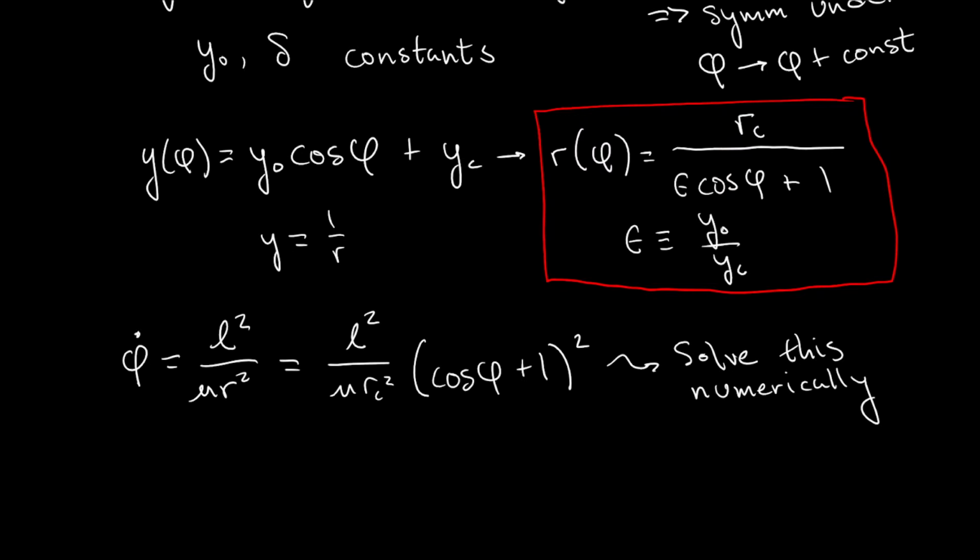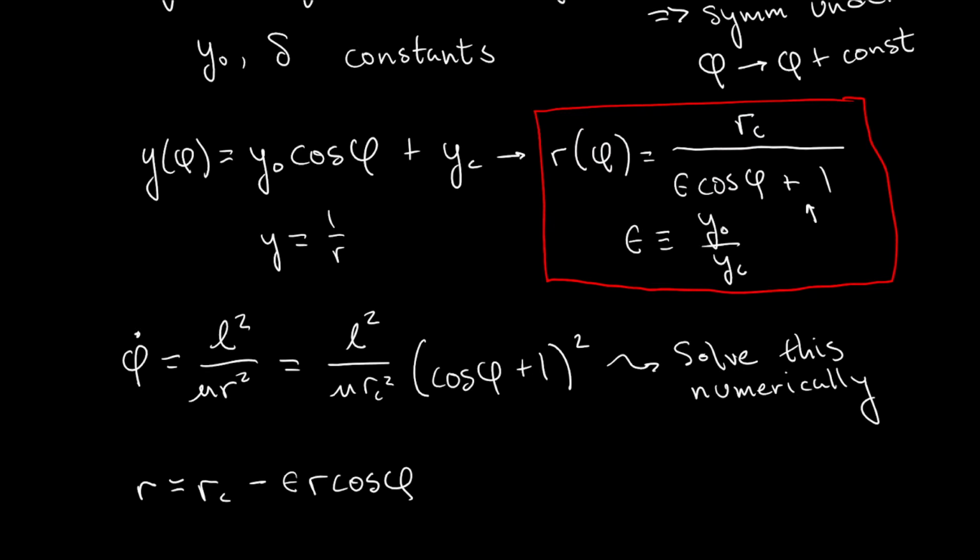Okay, so now I want to go back to our solution for r. And again, I'm going to rearrange some stuff. When I do that, I find rc minus epsilon r cosine phi.